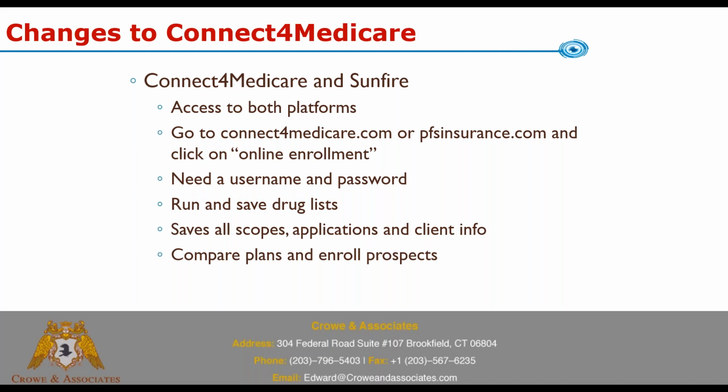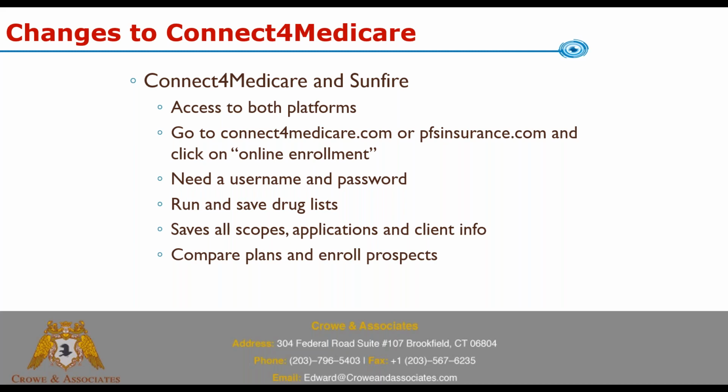The nice thing is that they will save those drug lists, along with all your prospect information. Both systems operate as a basic CRM, saving your clients' info and drug lists, which you can edit for future reference. Every year when open enrollment comes up, if you need to run drug comparisons, you've already got the list in there, which is nice.